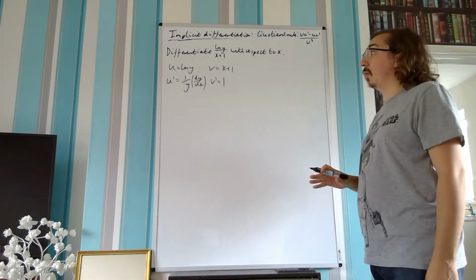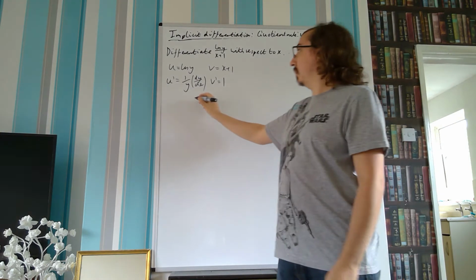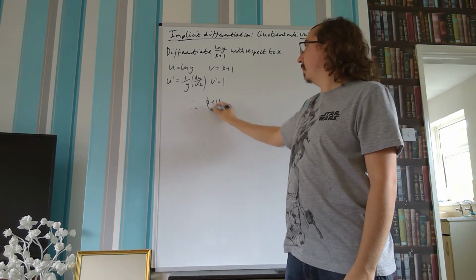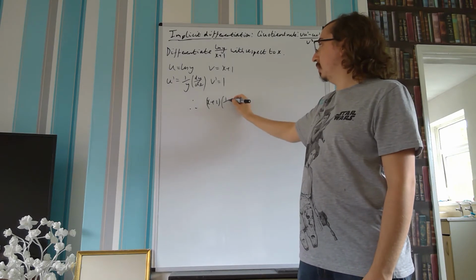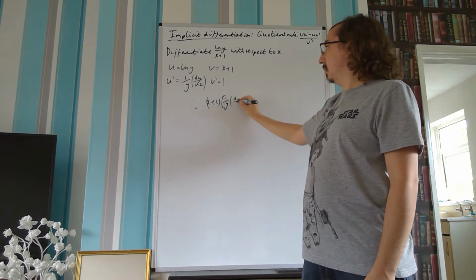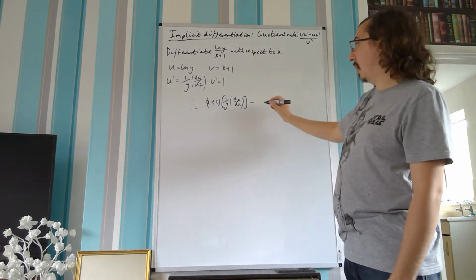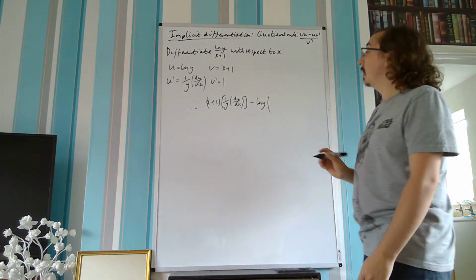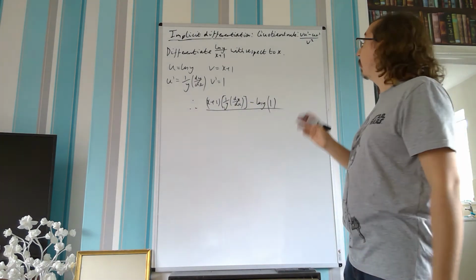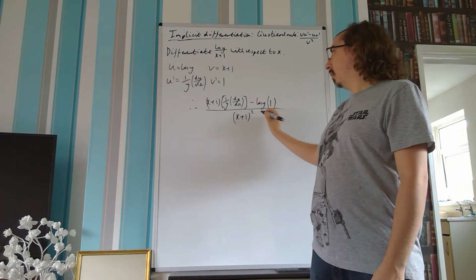And if we have those four parts, then we can substitute it into our quotient rule to say, therefore we have our v, which is x plus 1, times our u dash, which is 1 over y, times dy by dx, minus our u, which is ln(y), times our v dash, which is 1, all over our v squared, which is x plus 1, all squared.